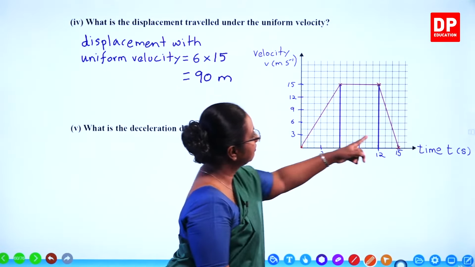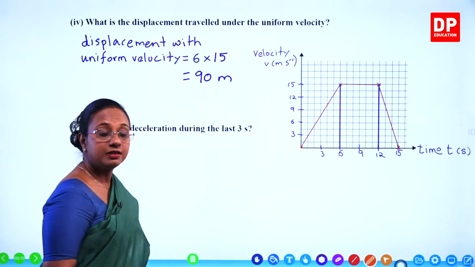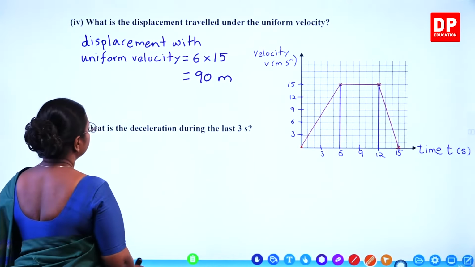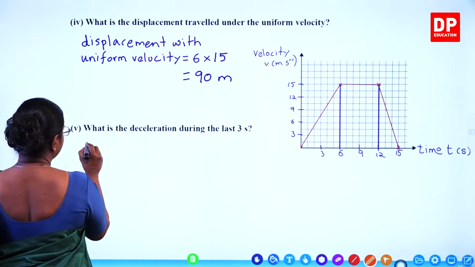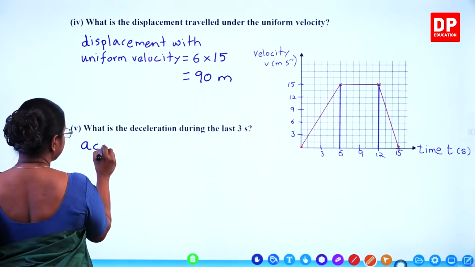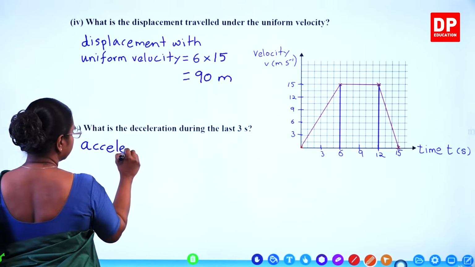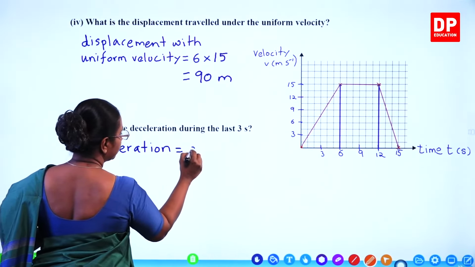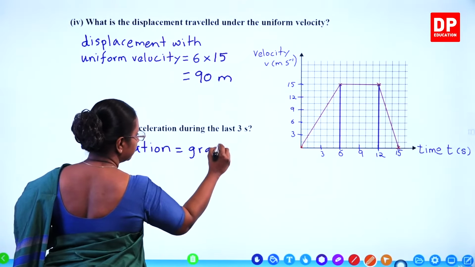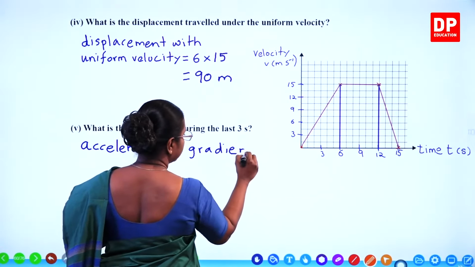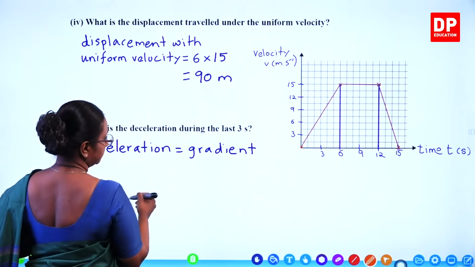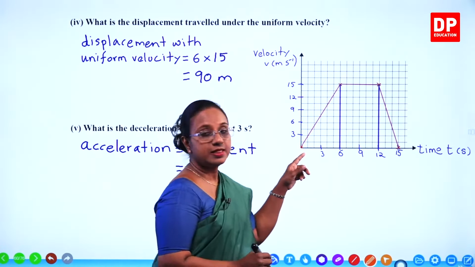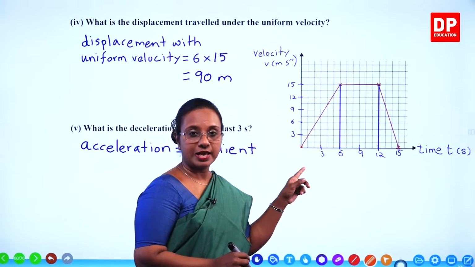Again here we will be calculating the gradient to find the deceleration. So as you all know, we will calculate acceleration, that is equal to the gradient, that is equal to the difference in the y-axis values.